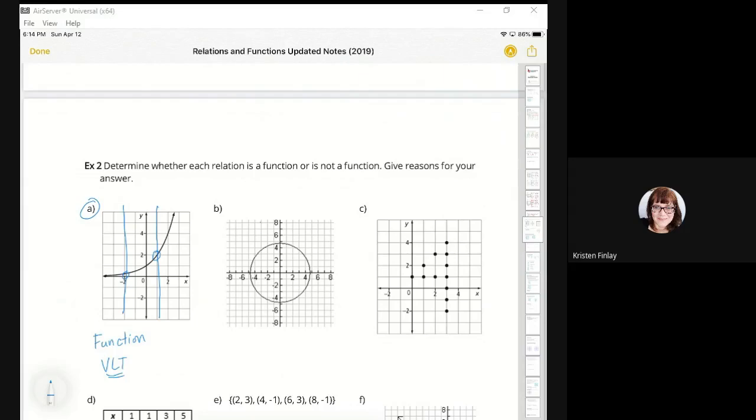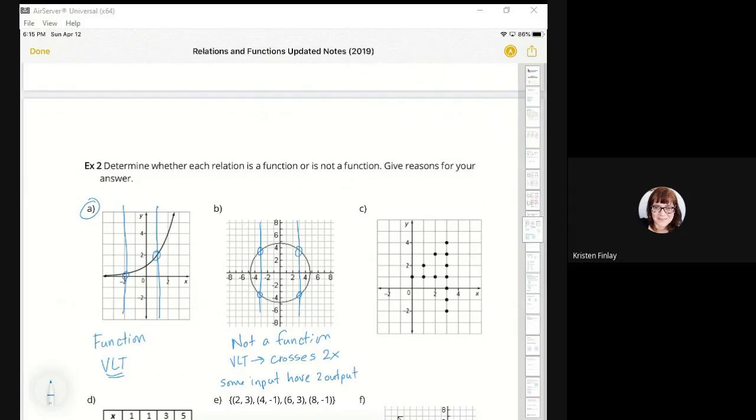For B, if I draw a vertical line here, crosses twice, here, crosses twice, so this is not a function. Okay, using the vertical line test, crosses twice. Okay, and so for some inputs have two outputs.